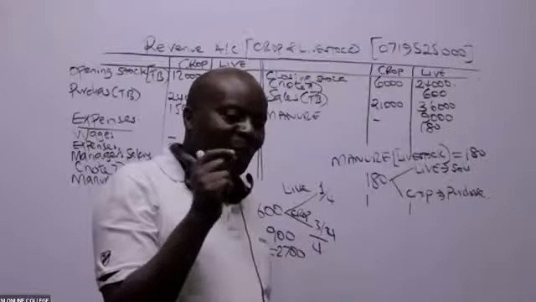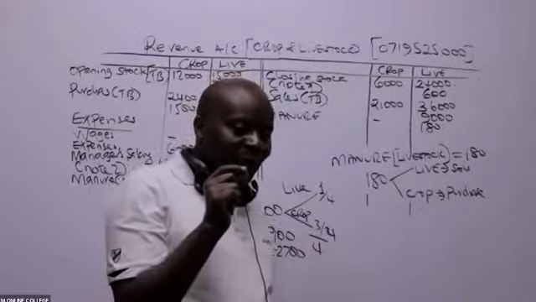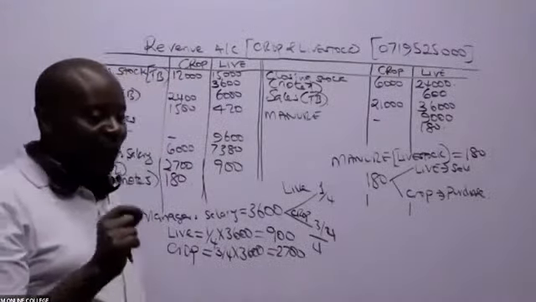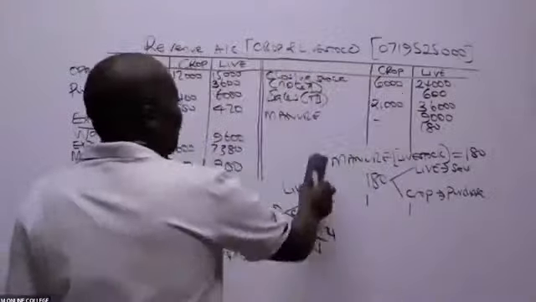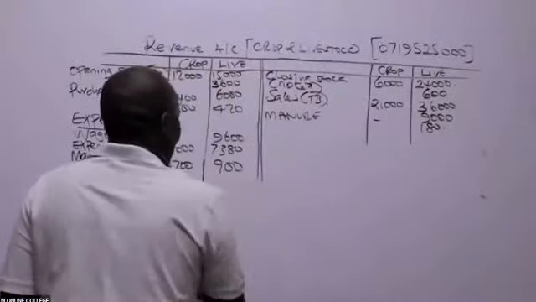Let me see whether there is anybody who will be able to pull through. The moon is telling me that Mwalimu, for crop, this will be sales. Thank you so much. So remember, you can use any name.